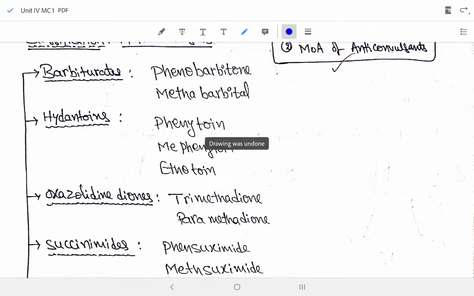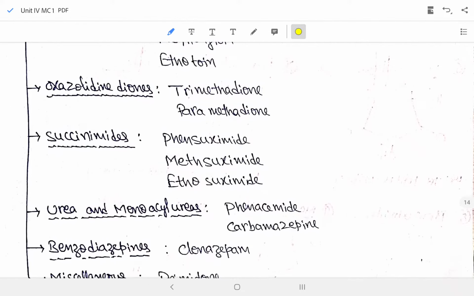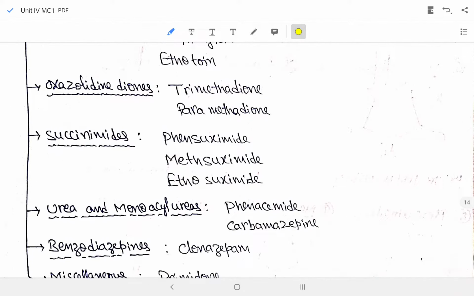Then oxazolidines. If you observe, all the structures are related to your heterocyclic chemistry chapter in organic chemistry 3. You learned all those 15 heterocyclic structures. They are coming into play now. So what is oxazole?